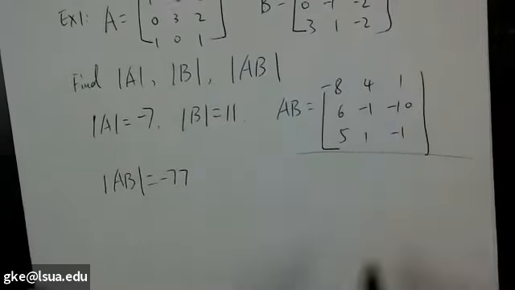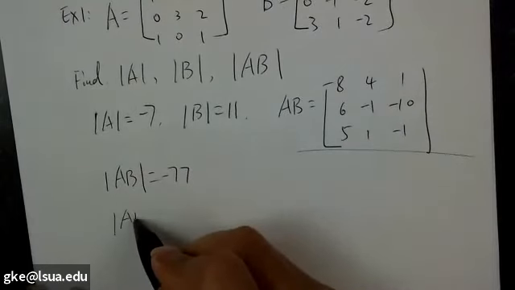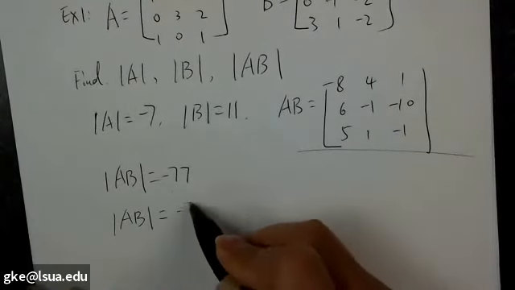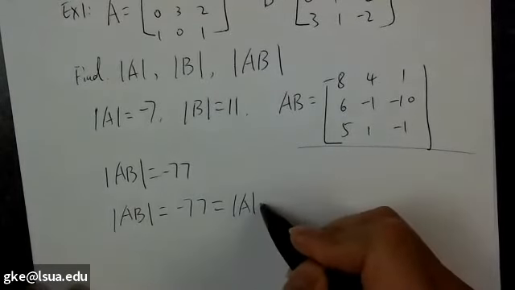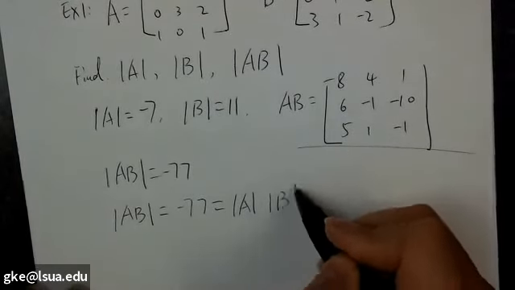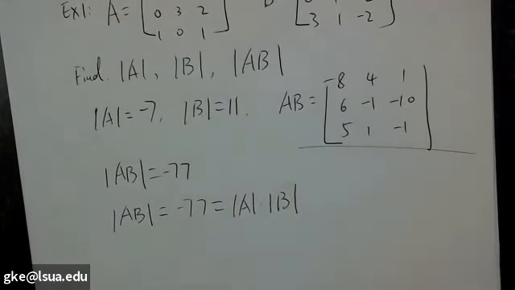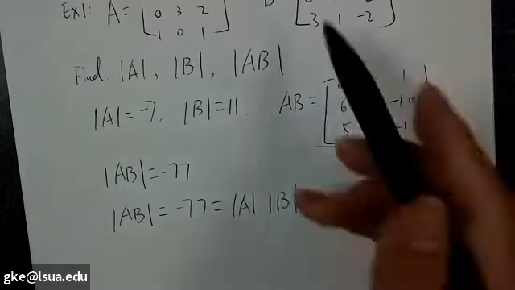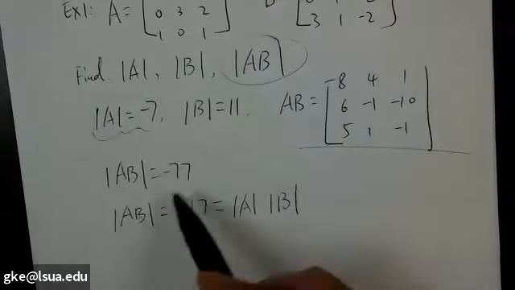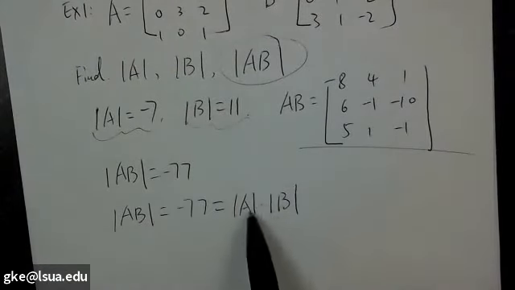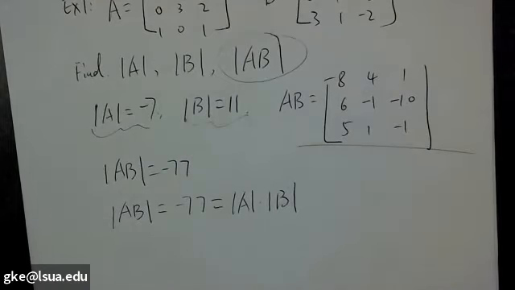So we can see the determinant of AB, negative 77, equals the determinant of A times the determinant of B. Right? That's exactly the same thing. So next time, if I want you guys to calculate this guy, you can calculate the determinant of A and the determinant of B and just multiply these two together, you're gonna get the determinant of AB. Okay.